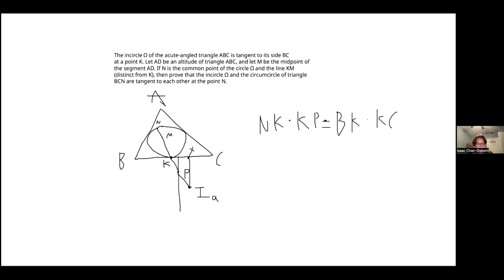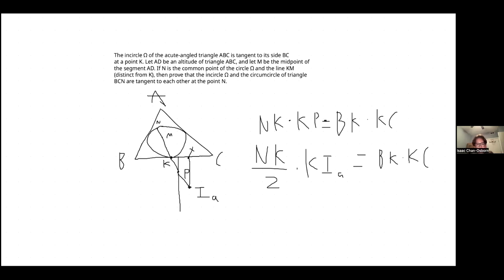But however, because we know that P is the midpoint of KIA, then we find that NK P.